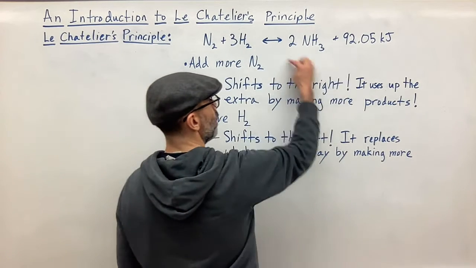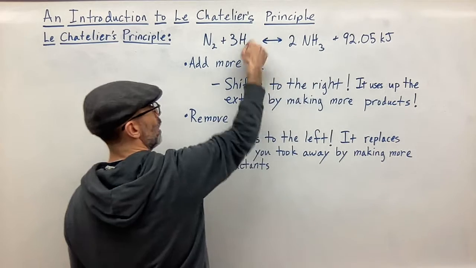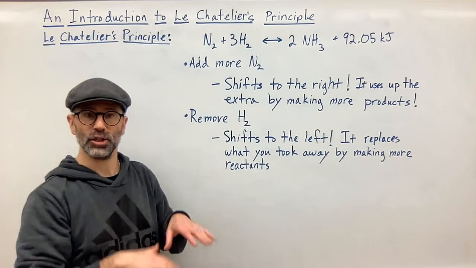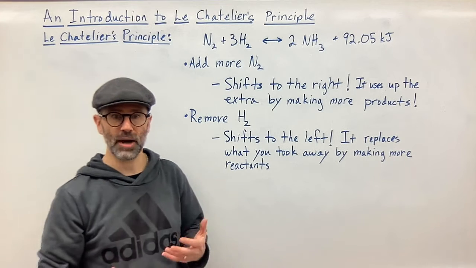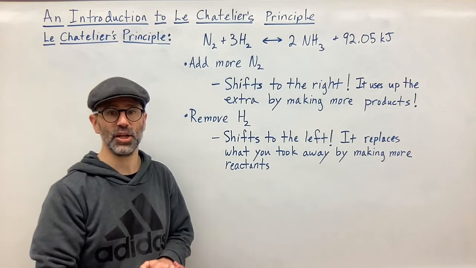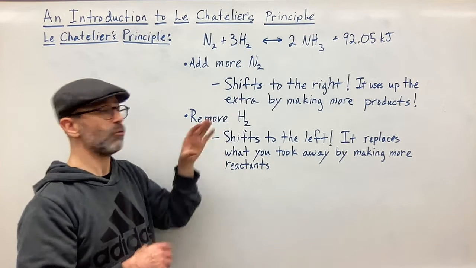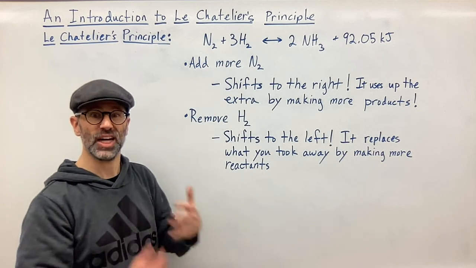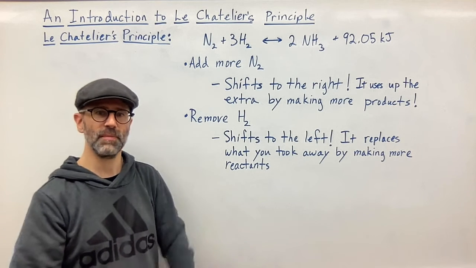So it's going to break down some of this, and it's going to create more of the hydrogen until it reaches that equilibrium ratio that I was talking about. I'll talk more about the math next time in another video, but just the idea of what's going on: if I change something here, the reaction is going to undo it by doing the opposite, right? So I hope that's clear.